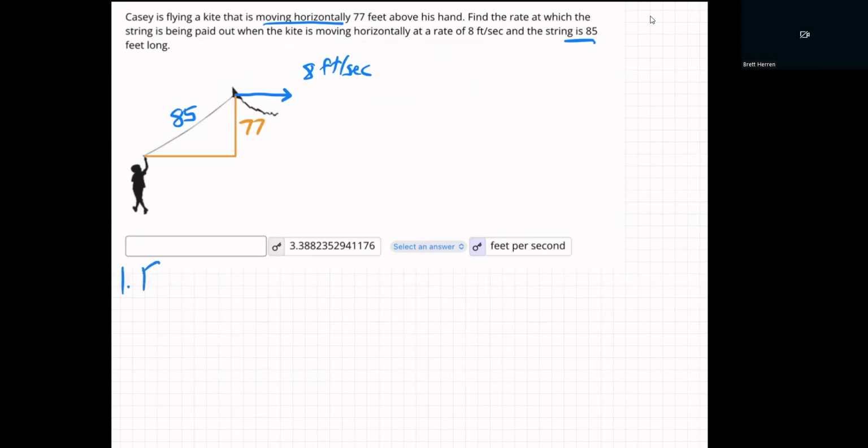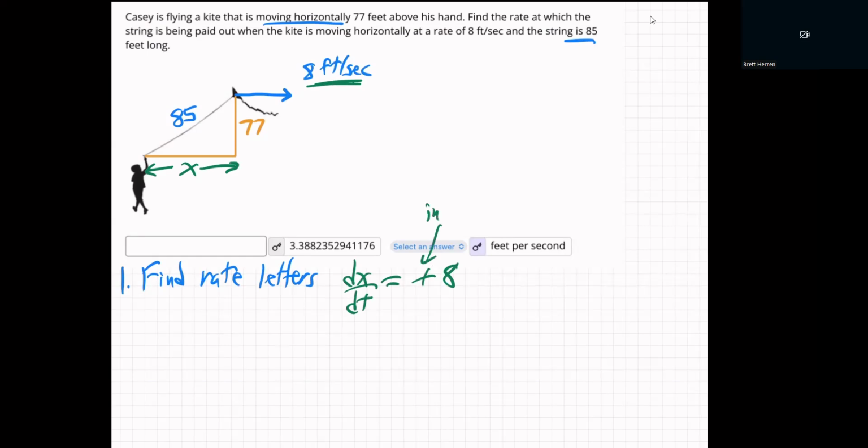We've got to find the rate letters. So what are the rate letters? Well, this distance right here, that's how far the kite is horizontally from him, and that's dx/dt, and that's increasing. It's 8 because it's increasing.